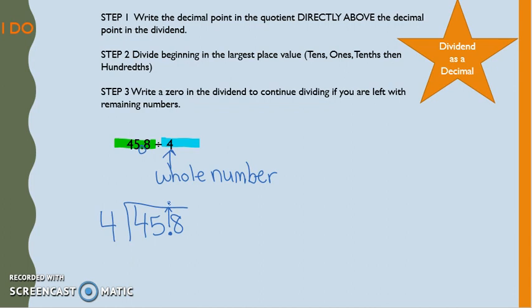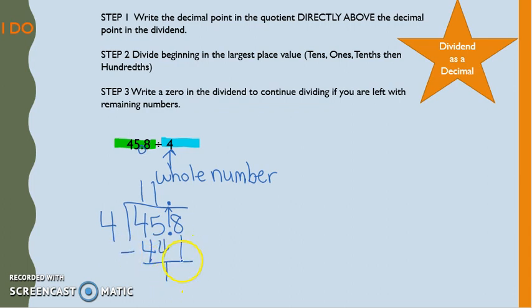So place it up in the quotient in the exact same spot. And in order to do the math, very simple, just long division, standard algorithm. We could say 4 goes into 4 one time, or we're fifth graders, so we could say 4 goes into 45 11 times, because we know that 4 times 11 is 44.